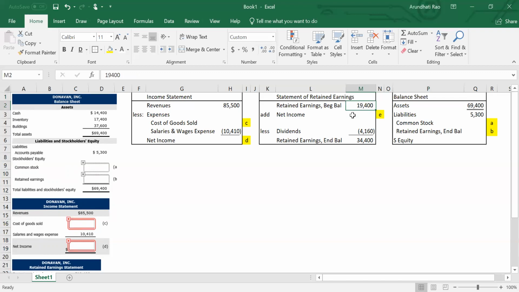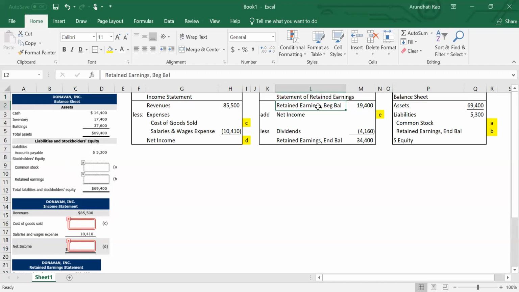They have earned something in the current period. We don't know what that number is because we don't have it here. From these two, whatever is available, they have paid out $4,160 and they are left with $34,400.